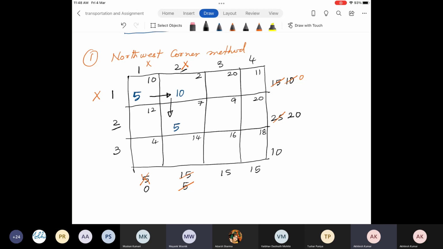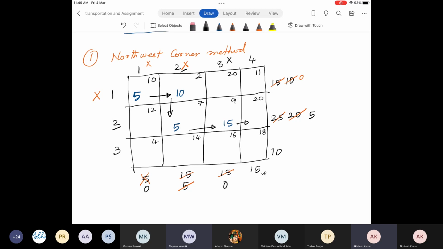Now let's move in the northwest direction. Here my demand is 15. I can fulfill all the demand here. So I will set it to 0. I will cross this column. I will assign 15 here, and I will have 5 left here. Again, supply is there, so I will move in this direction.